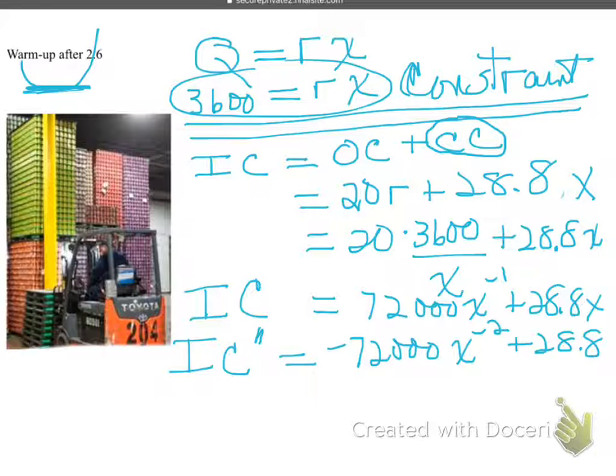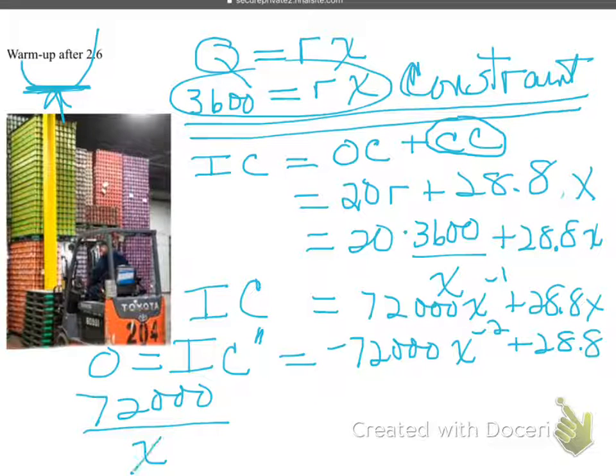So set this equal to 0. When you set the first derivative of the inventory cost equal to 0, I am looking for this critical value right here, the bottom of the curve. So I get 72,000. I'm going to move my x to the denominator, and that makes the exponent positive.